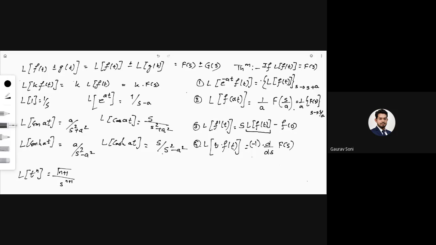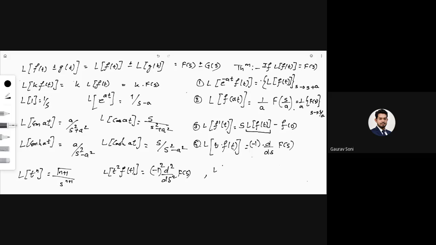So if there are more t's, like Laplace of say t square f of t, then just like the previous one, t into t f of t, what you will get is minus 1 square d2 by ds square capital F of s. Since t square is there, you take the derivative two times.